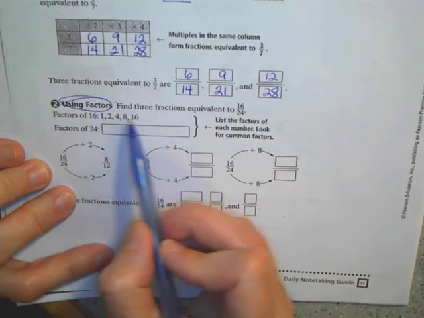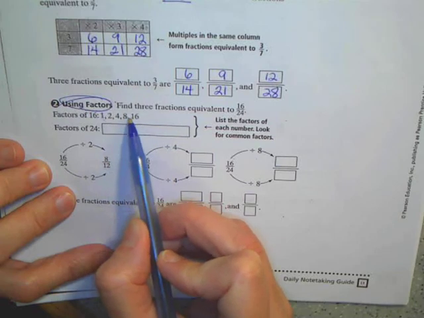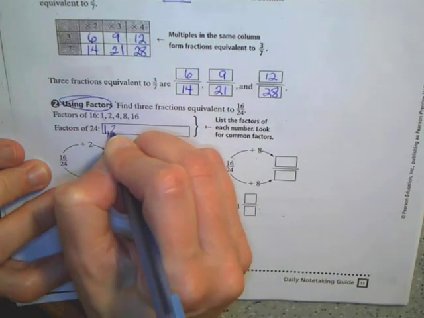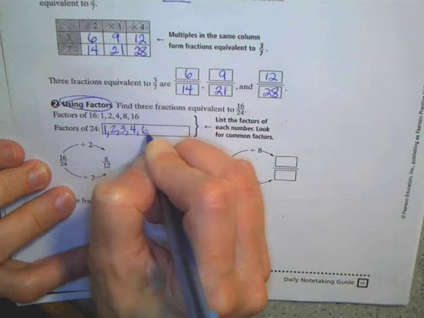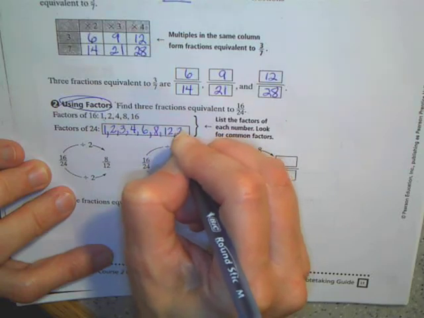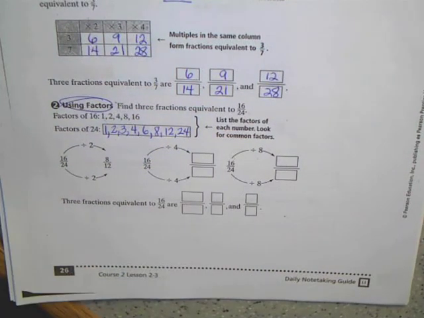All the factors of 16 are 1, 2, 4, 8, and 16. The factors of 24 are 1, 2, 3, 4, 6, 8, 12, and 24. I tried to think of everything that multiplied together to give me 24.